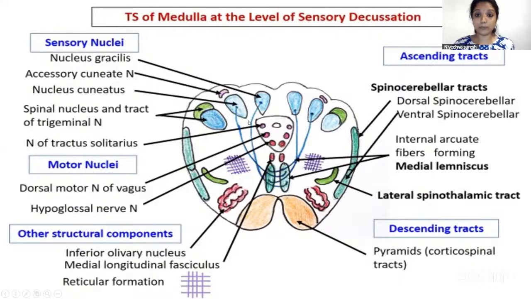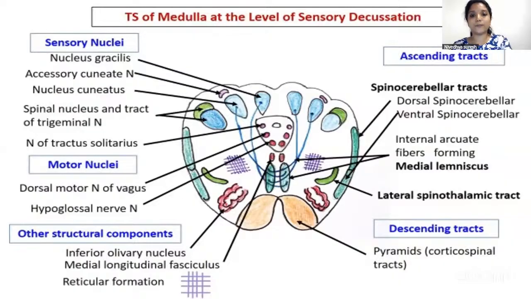The important feature of this level is the formation of the medial lemniscus. The medial lemniscus is very important for sensory perception, motor function, consciousness, motivation, everything. All the proprioception, vibration, touch, all the sensory perception. This is a very important structure.